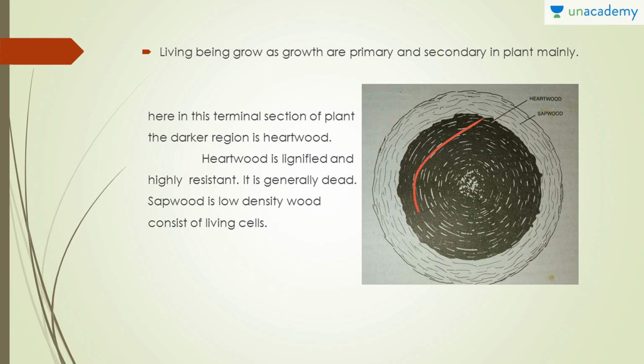So basically, for timber purposes, for making furniture, this region of wood is more preferable, as it is resistant to insects. Now I'll ask you, what is sapwood? Sapwood consists of xylary elements, conductive elements, so it is basically the living part of the plant. So thank you.